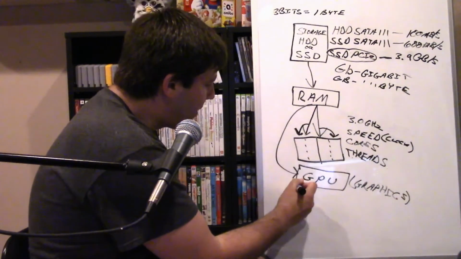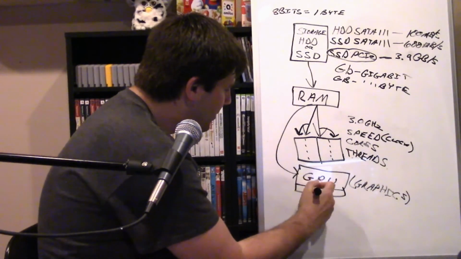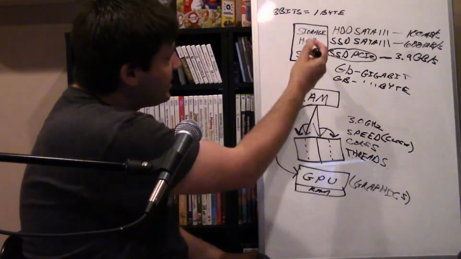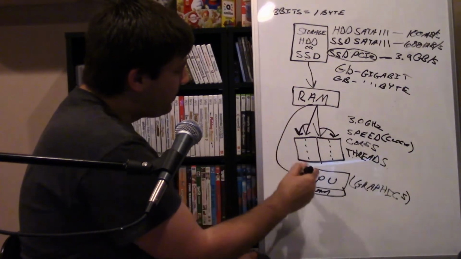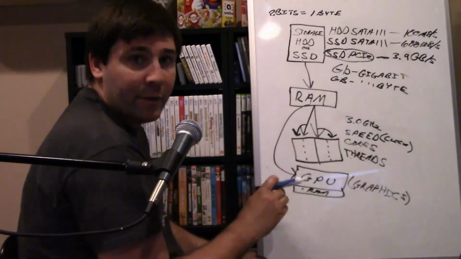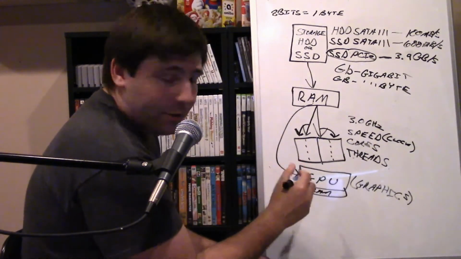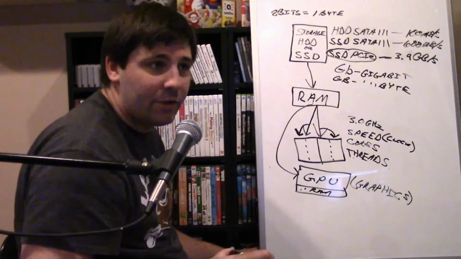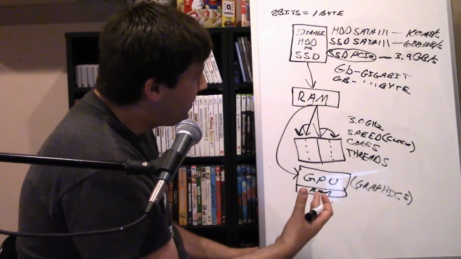But in the meantime, GPUs actually have their own RAM to make things even better. And so what happens is the information gets pulled from here and bypasses the CPU and goes into this holding area, down into here, into the RAM, where the graphical information is stored until called upon by the GPU. Now, how much RAM, of course, is the thing that everyone looks at when they're selecting a GPU.